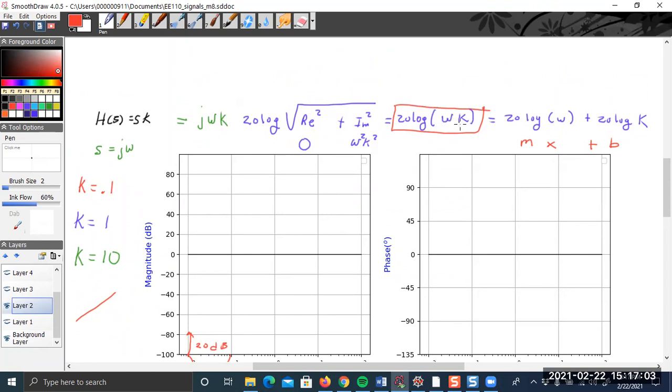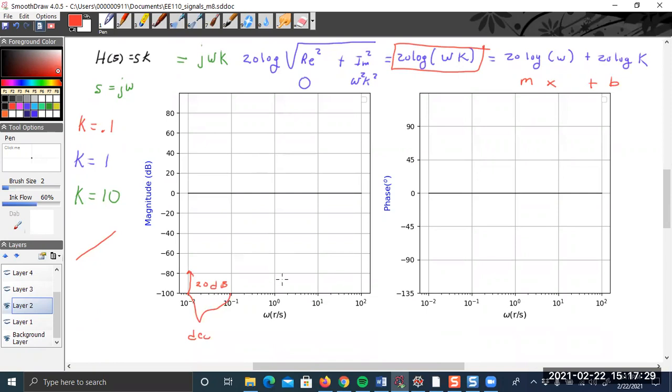So if K is 0.1, what omega makes 0.1 times omega equal 1? That'd be 10. So if omega is 10 and K is 0.1, all of this is 1 and it turns into 0 dB. So right here is omega equals 10. So I know that that's going to be 0 right there.